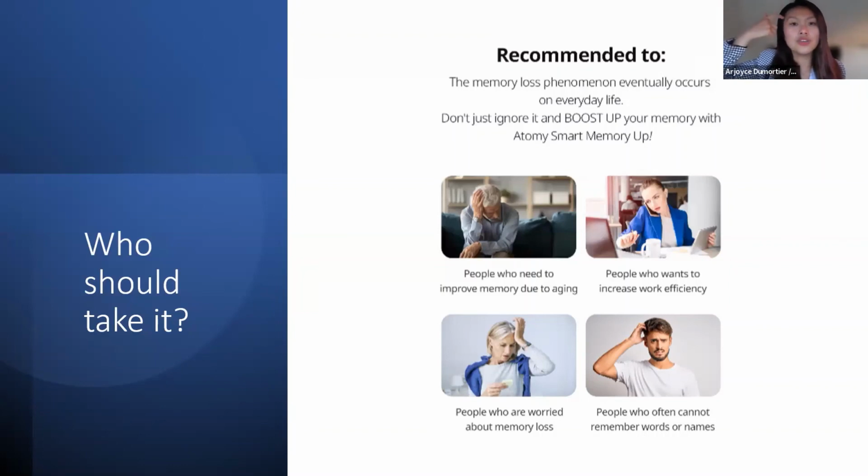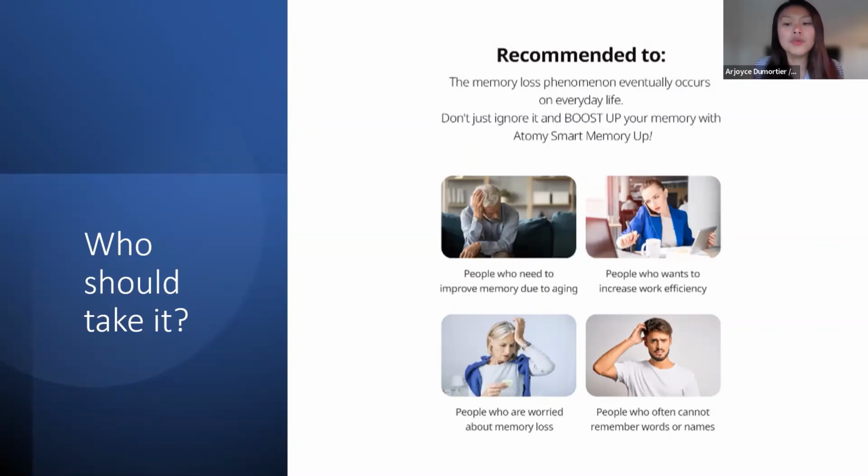This can be stored in your long-term memory. So even though you are not facing the person who tells you the same thing over and over again, you can still remember it because it is stored in your long-term memory. Sometimes we get worried about memory loss because we heard it from other people and we keep on thinking about it.